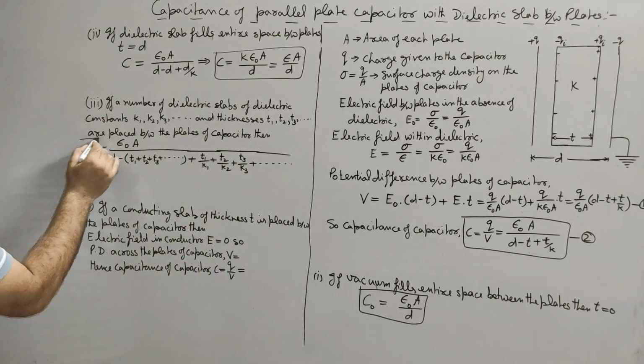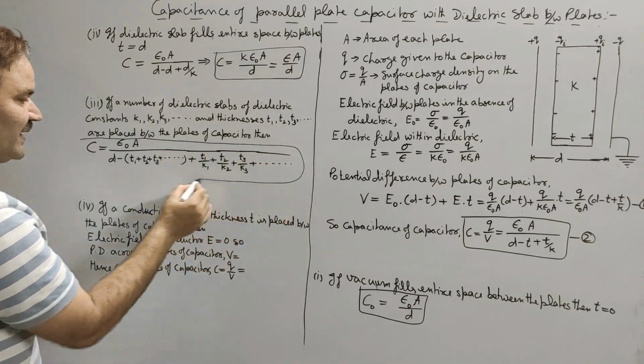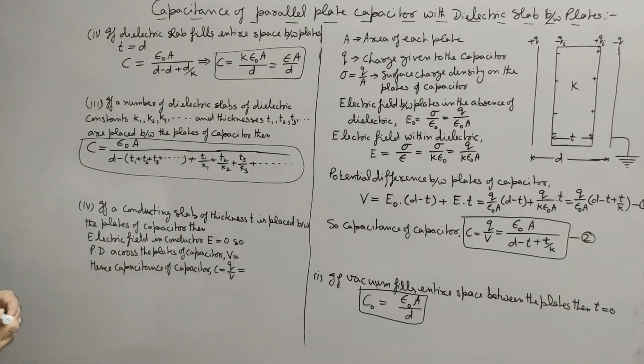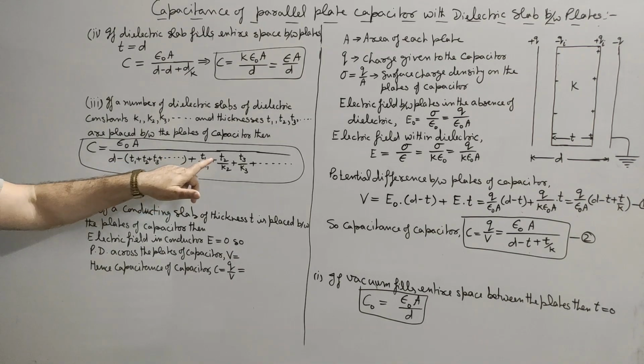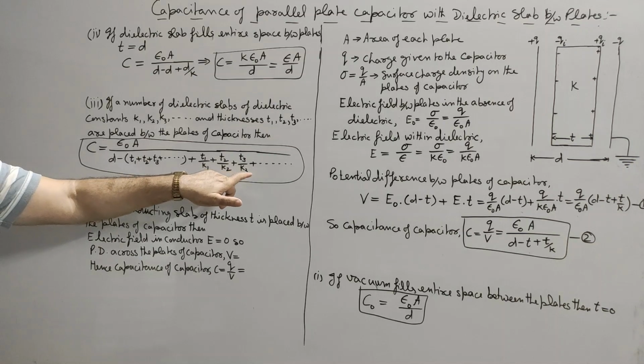So the expression in this case will be C is equal to epsilon naught A upon d minus (t1 plus t2 plus t3 and so on) plus (t1 by K1 plus t2 by K2 plus t3 by K3 and so on).